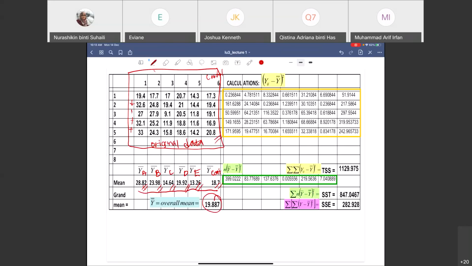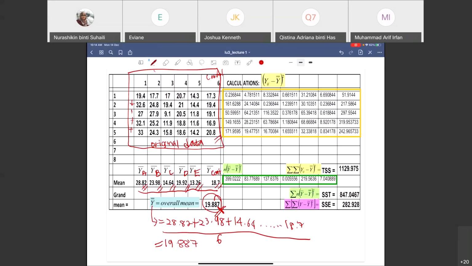But because these are already the averages that you calculated from every sample, you can also just sum 28.82 plus 23.98 plus 14.64 until 18.7 and divide by 6. You get 19.887. This one is denoted as Y double bar, the overall mean. This is the thing that you have to take note of.